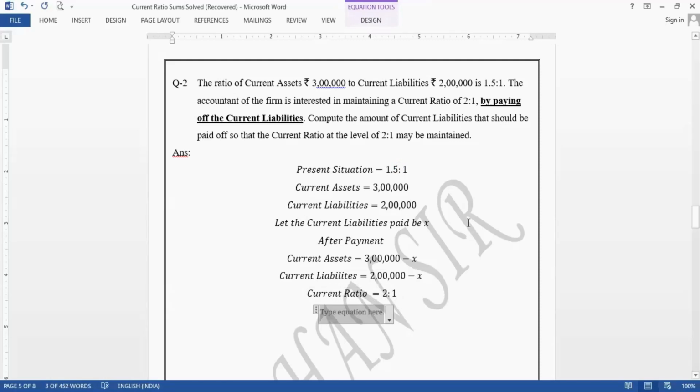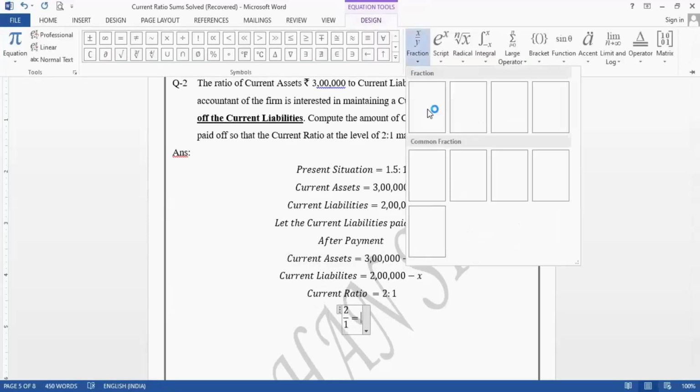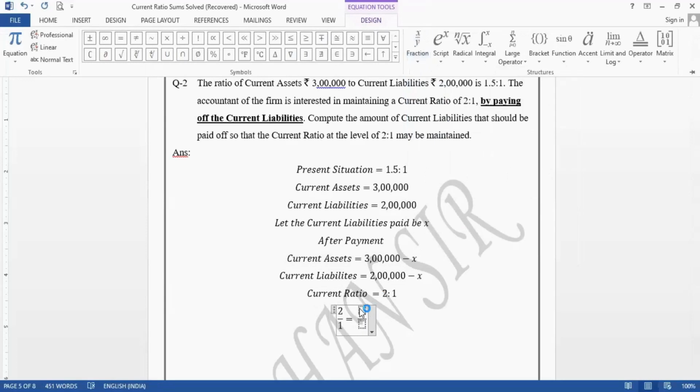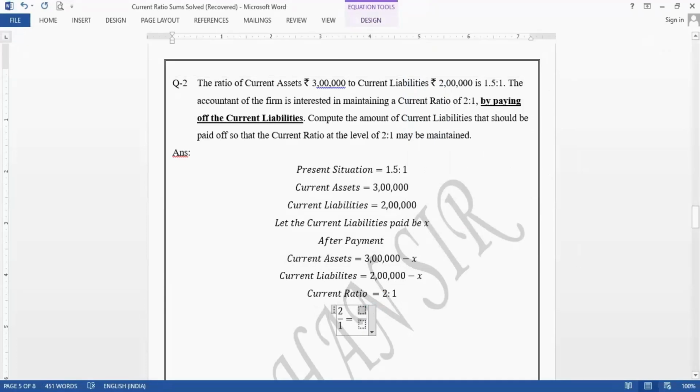We all know the formula, that is current assets upon current liabilities. Current ratio can be seen as 2:1. So 2:1 is equal to current assets, which is 3 lakh minus X, and current liabilities is 2 lakh minus X, right?